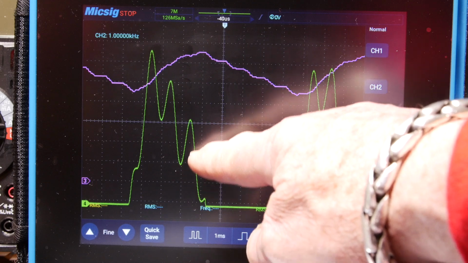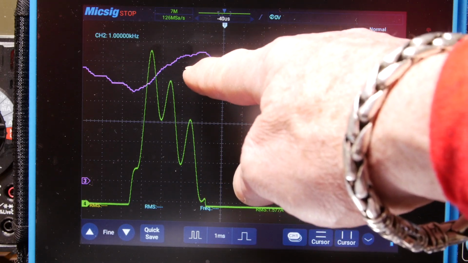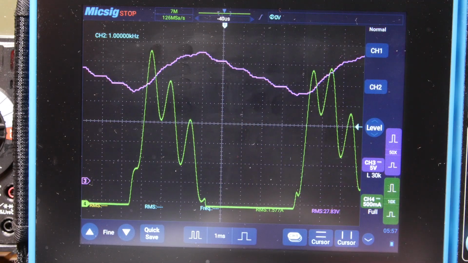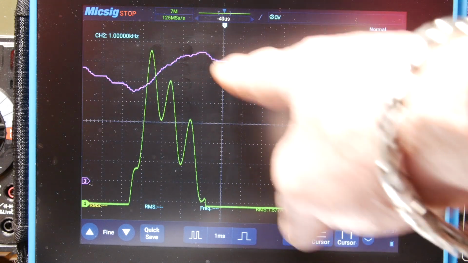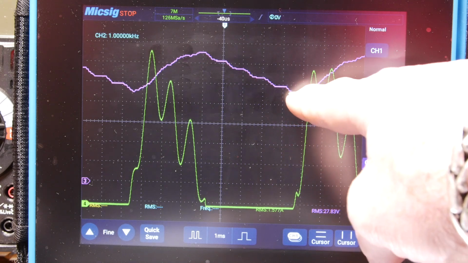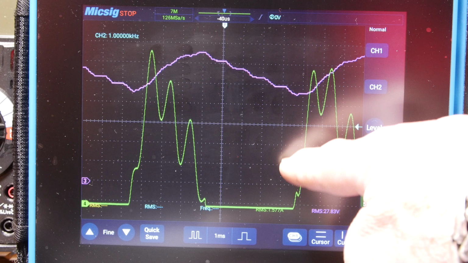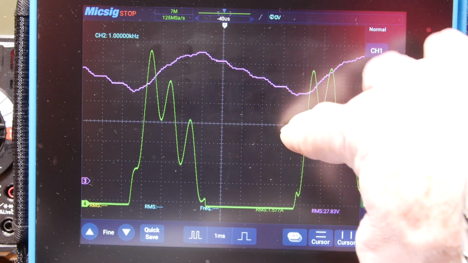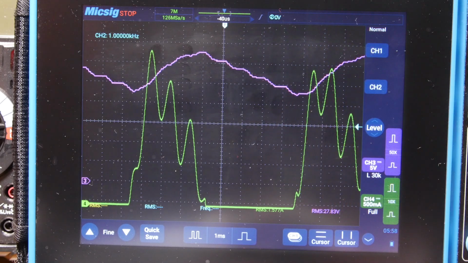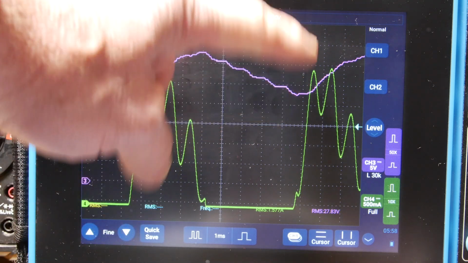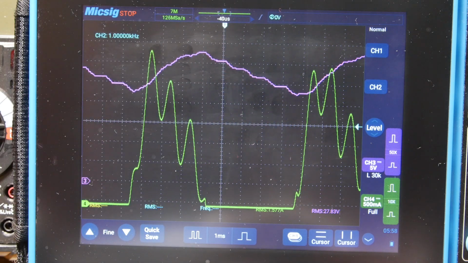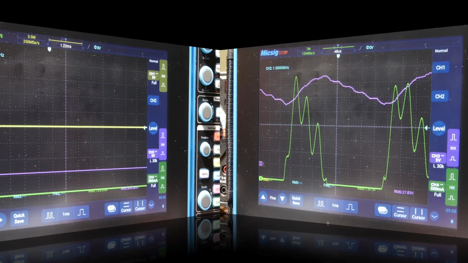It goes 5, 10, 15, 20, 25, 30, say 33 volts. Then it drops all the way down to, look how low, 5, 10, 15, 20, about 24 volts. So it looks like it's dropping below that 29 volt threshold that we wanted to keep.